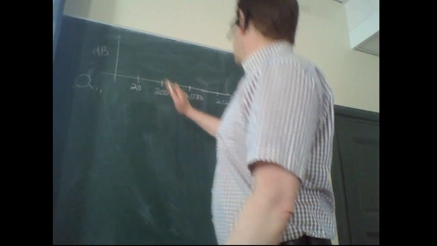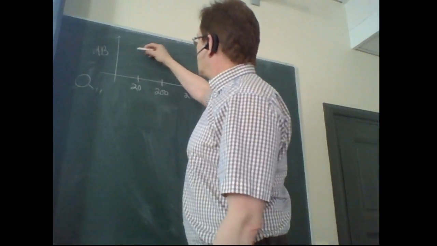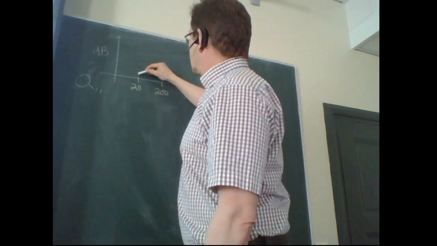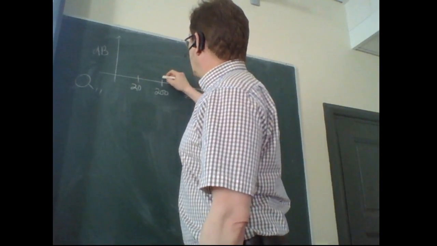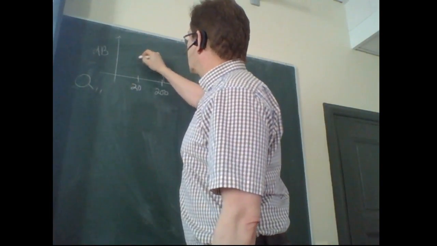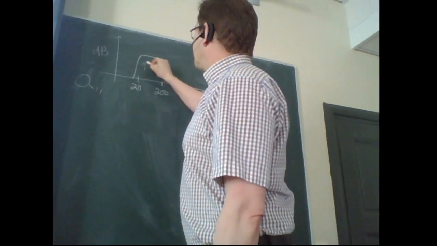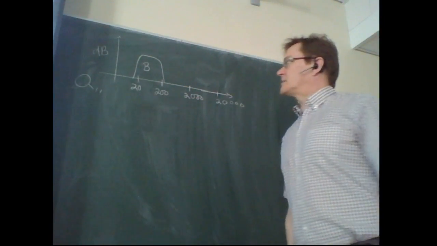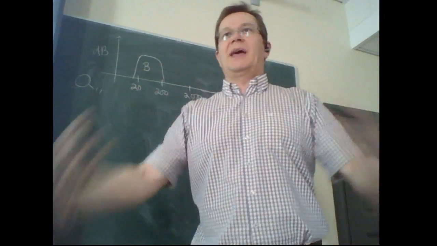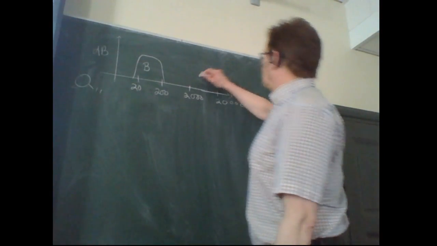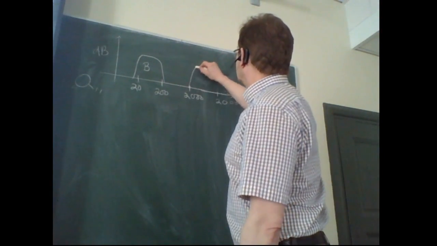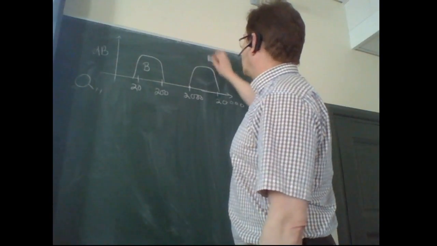And hearing, based on this, your bass hearing covers the low frequencies in the range of about 20 to 200. So this is the bass. Then the high frequencies you hear something like that.